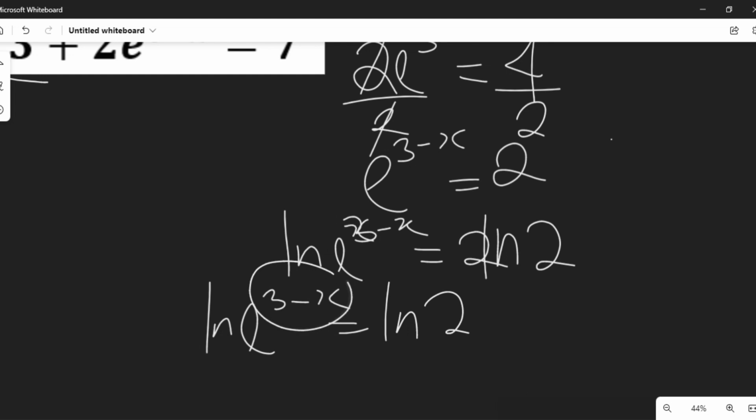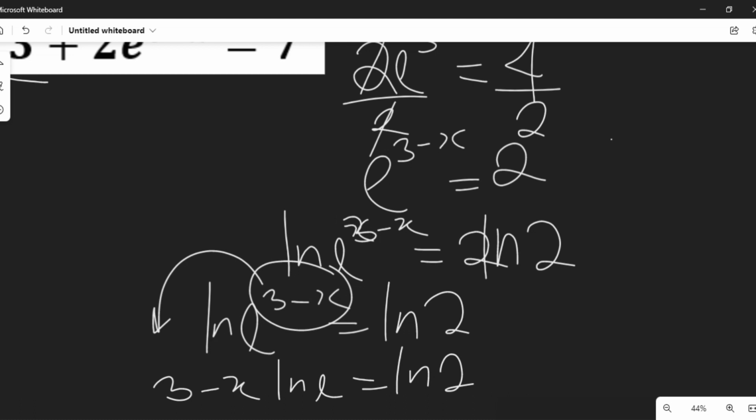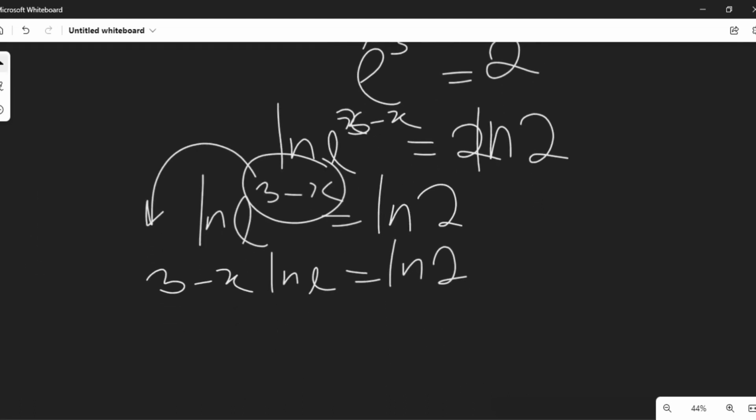So this power will move over to this point, and then we'll have 3 minus x times ln of e to be equal to ln of 2. Now if you point your calculator to get the value of ln of e, it is going to give us 1. So we'll have 3 minus x to be equal to ln of 2.